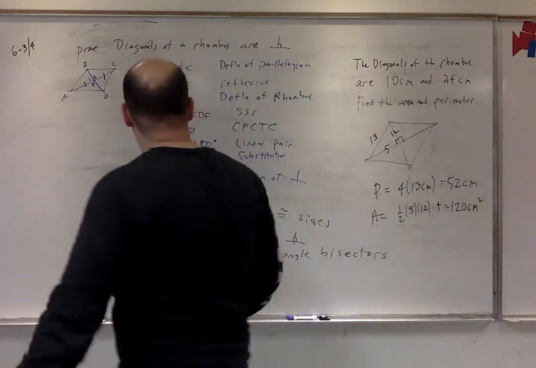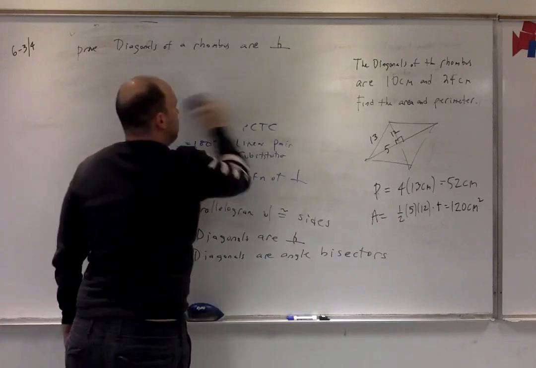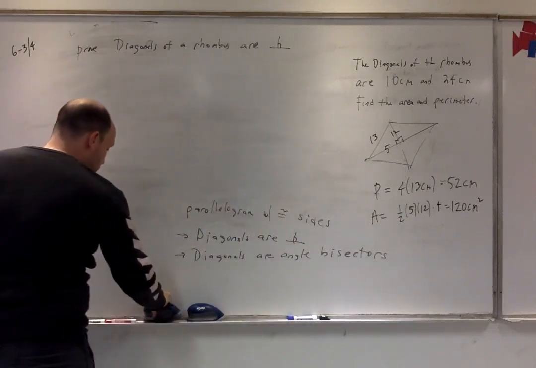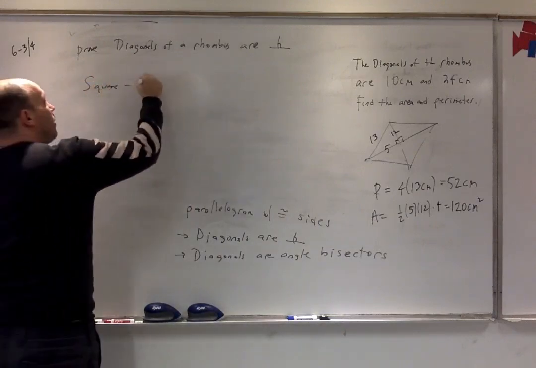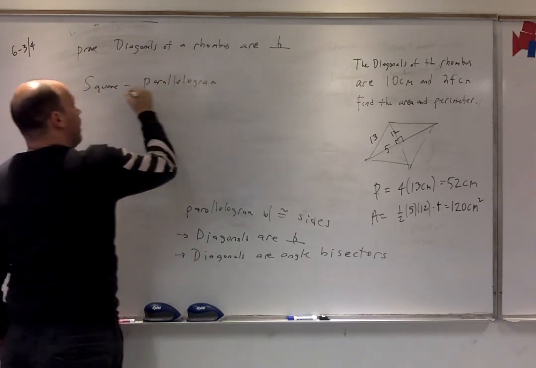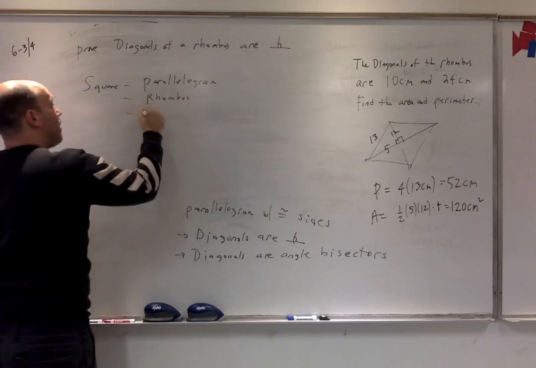The last thing I want to talk about is the square. And this is just very basic. We're done, basically. What did I say a square was? A square is a parallelogram. It's a rhombus. And it's a rectangle.